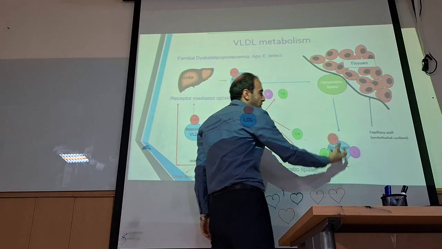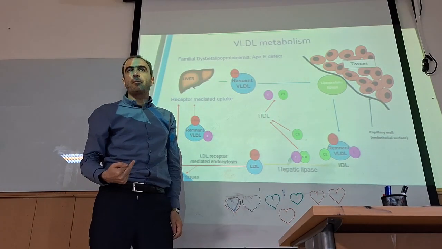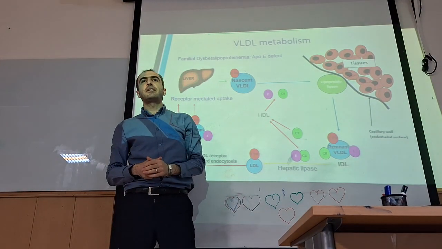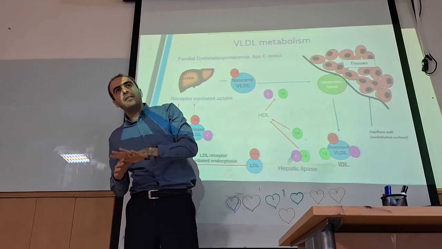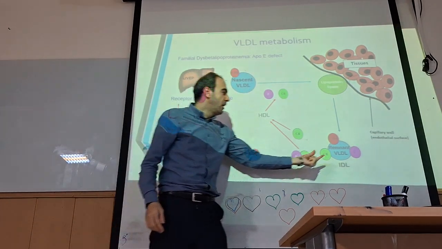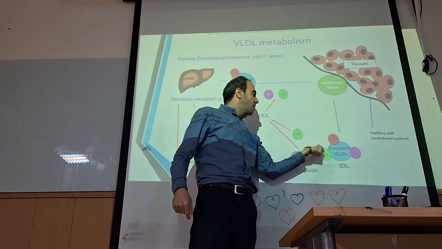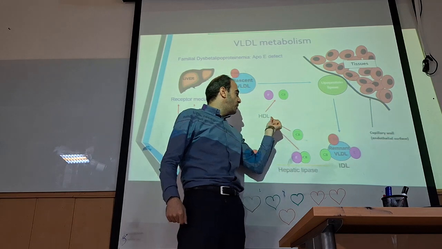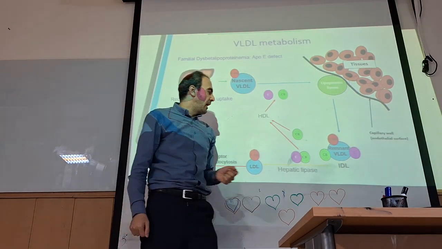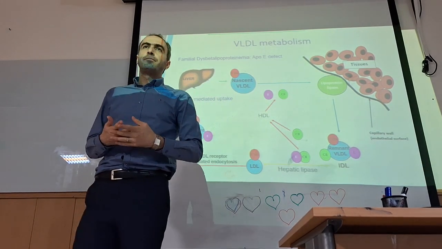What remains is known as a remnant VLDL or VLDL remnant. Another name is IDL, intermediate density lipoprotein. VLDL remnant or IDL, they are the same. Like chylomicron, it gives back ApoC2 and E to HDL. And IDL has two fates.